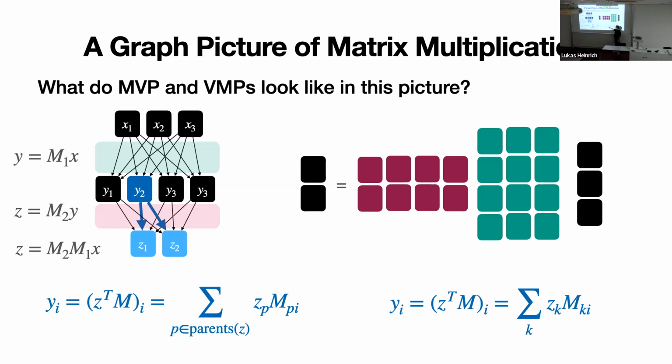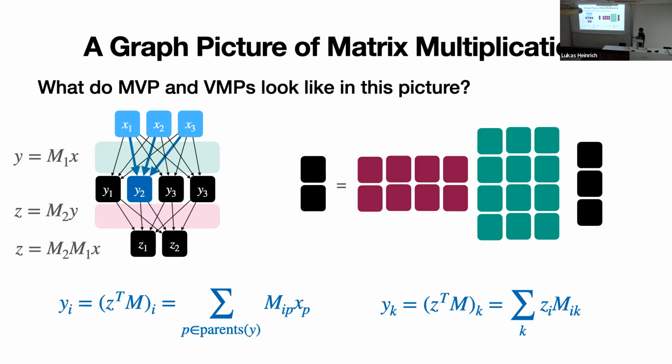Which edges are important? Actually, the only edges that are important are the edges that end in y, in this case y2, right? So these are the only edges that are important. And you always have 2 edges for every output. For every y, you have 2 edges that connect to it from the bottom, right? And so you can sum over all of the edges that connect your y to the z's, and that's the way that you do your vector matrix product.